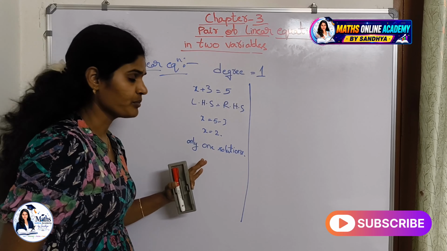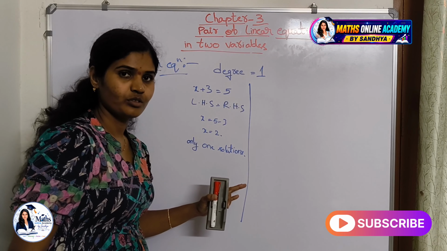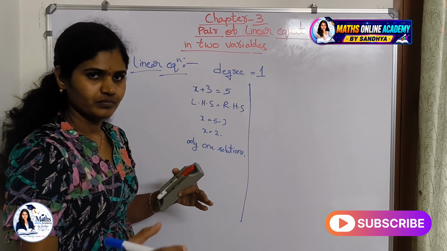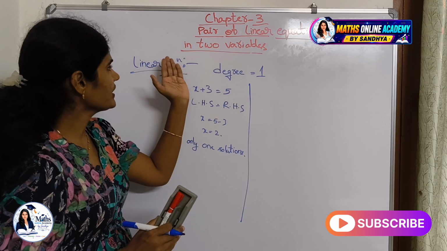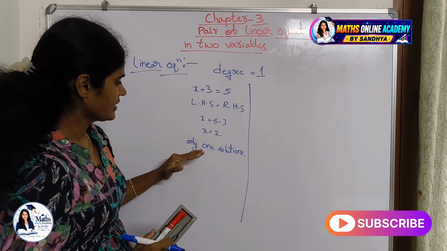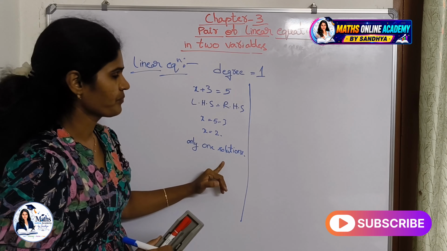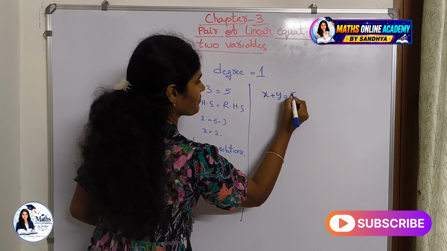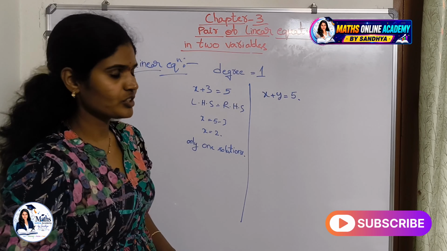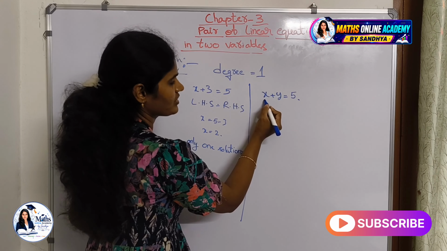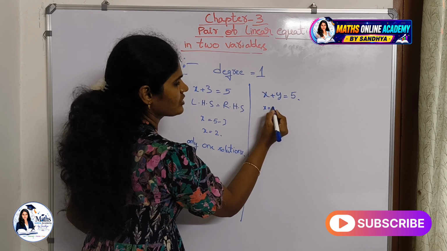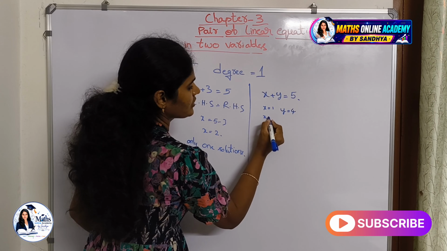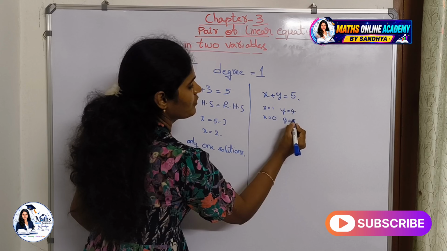Why we are taking this: based on the solutions, we have three types of pair of linear equations. This has only one solution. For example, here x + y = 5. We substitute x = 1, then y becomes 4. x = 0, then y = 5.